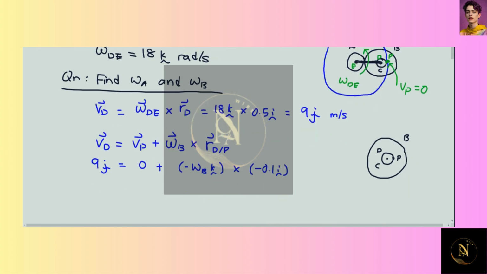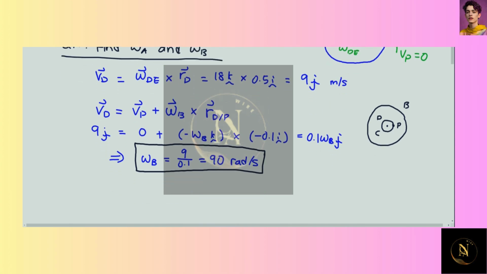So this is just equal to 0.1 omega B J. We get omega B equals 9 divided by 0.1, which equals 90 radians per second. This is the answer for omega B.